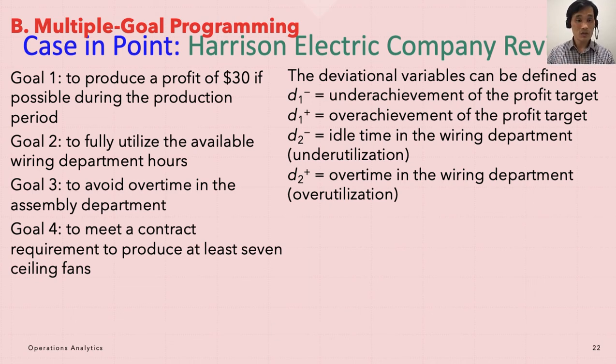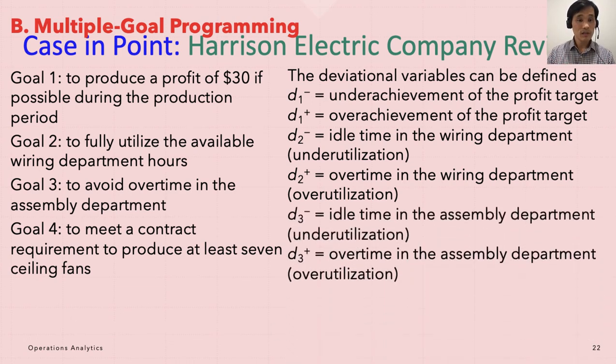And goal three is avoid overtime in the assembly department, and in this case, idle time. In other words, you do not want to go overtime for the assembly department. For some reason, they are very loaded with so much work and overused, and you want to avoid overtime.